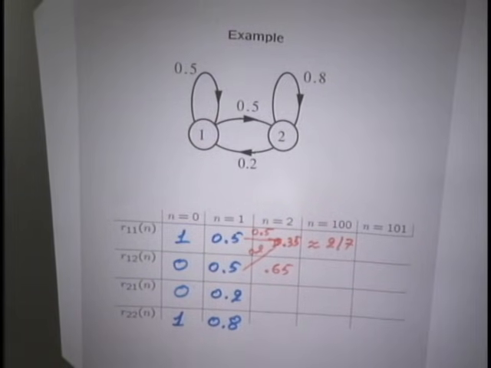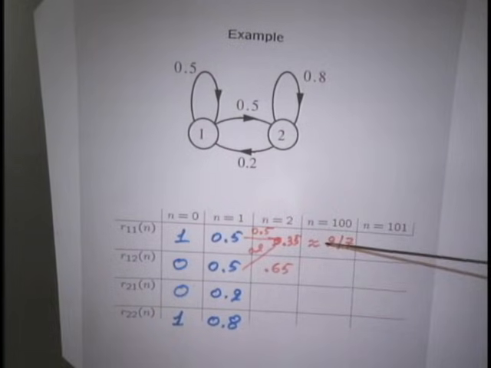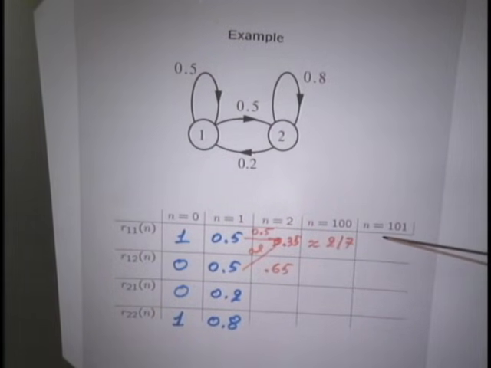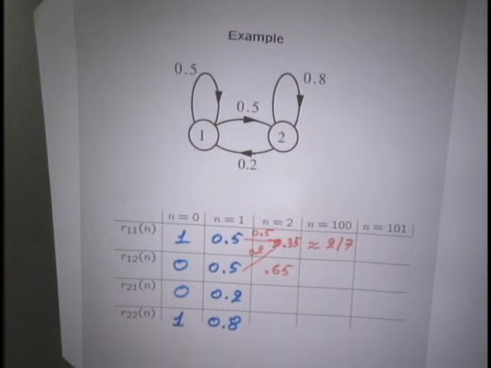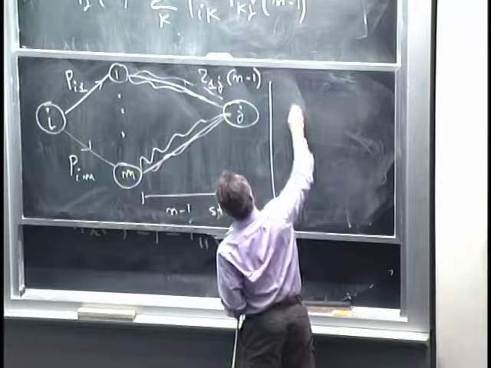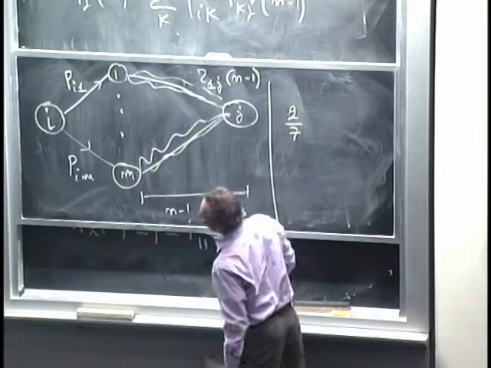And let's verify this. If this number is 2/7, what is the next number going to be? The next number is going to be 2/7.